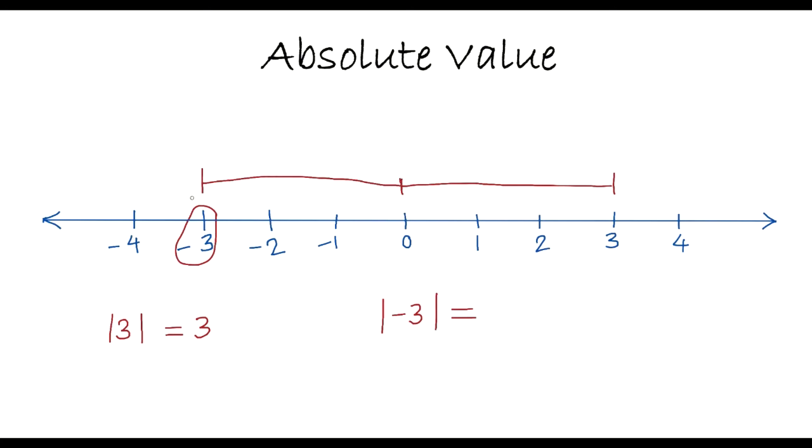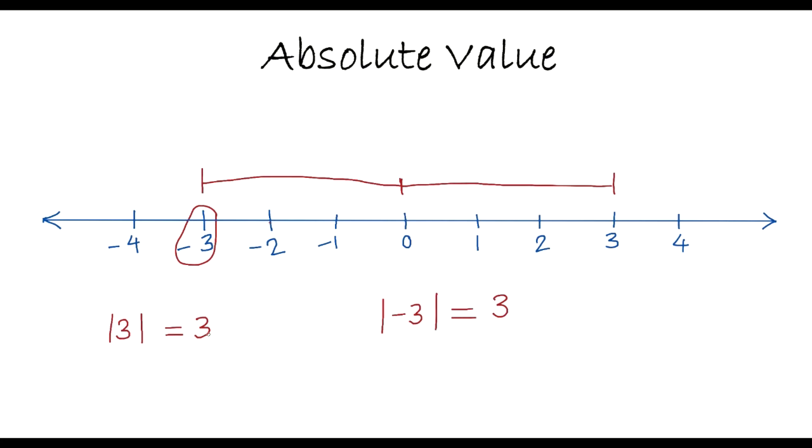How many units far from 0? 1, 2, 3. So this number is 3 units away from 0. That's why the absolute value will be 3 without any sign before it.